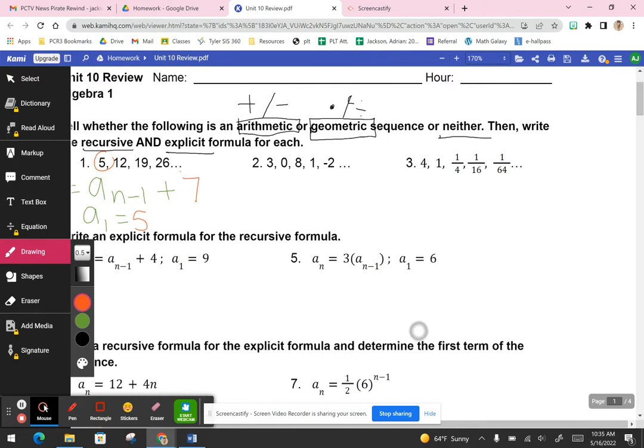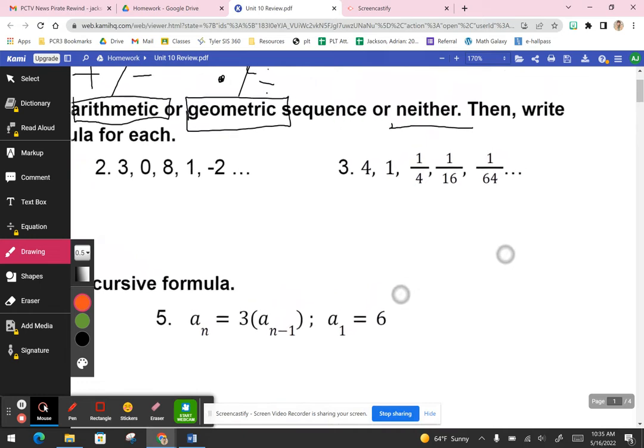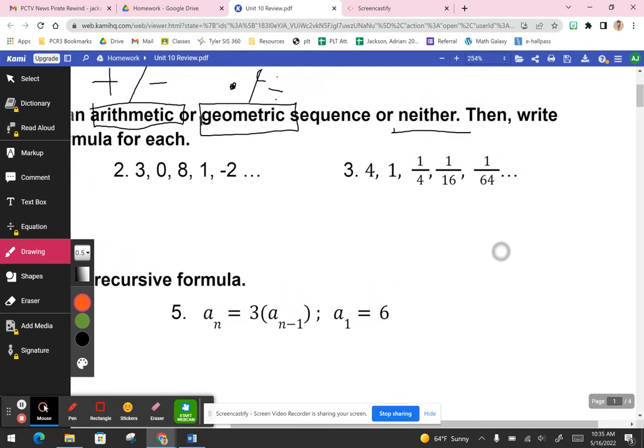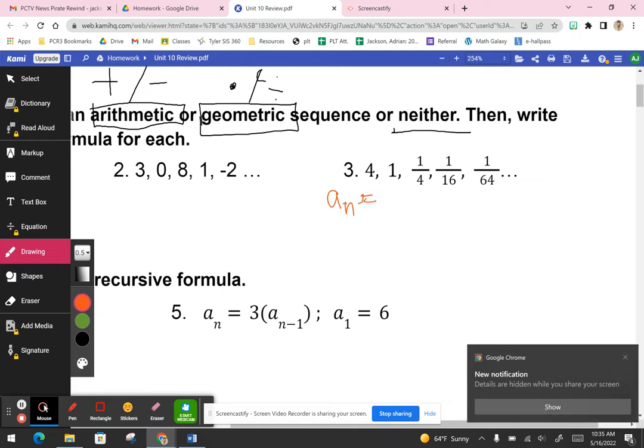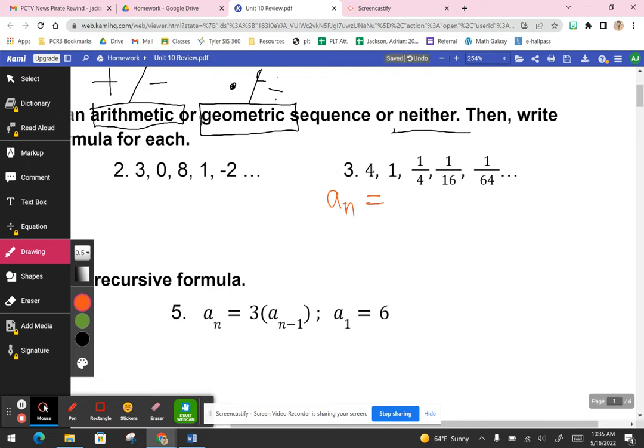Okay, and I'm going to do the same thing for number 3. Now number 3 is our geometric one. So I'm going to start with our explicit formula here. So again, a lot of it's just rewriting stuff. So I'm going to have AN equals, and then you have to replace the A1. So the A1, my first term, is 4.